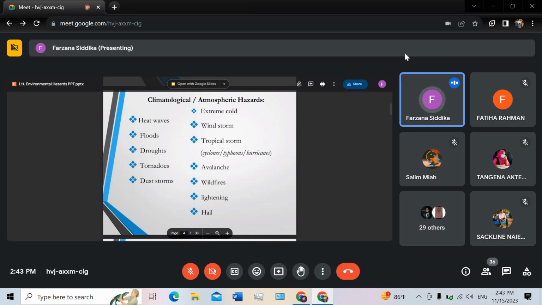So atmospheric hazards are those hazards which are created by single or multiple components of weather. So either that component is high or low. So say for example drought, when we have drought there is lack of precipitation.